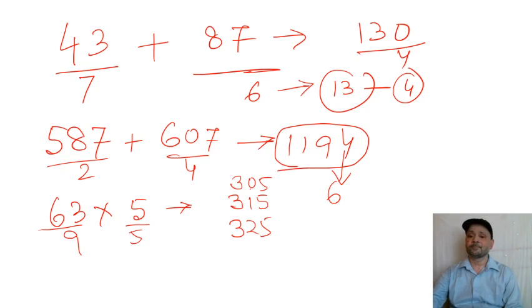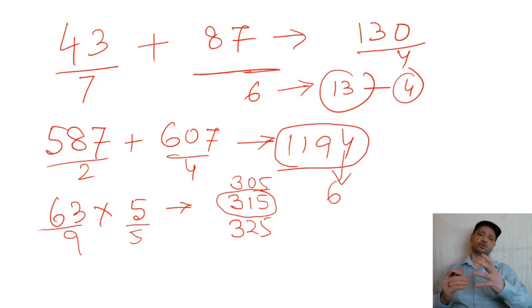So if you see, only this number has 9. So when you do the multiplication yourself and have to decide which one is correct, depending upon the behavior of numbers, you can come to the correct number.